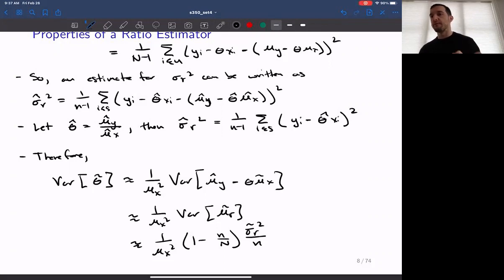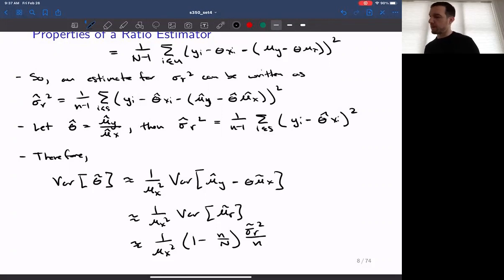Once we had established the variance of mu r, it was easy to show that the variance of the ratio estimator is effectively going to have the exact same form, except we have this 1 over mu x squared term out front.